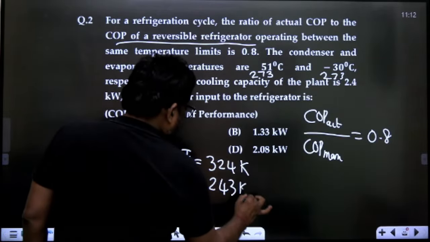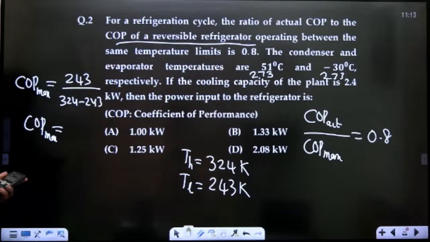Let us calculate the maximum COP, sir. What is the maximum COP? T lower, it is 243, by T higher 324 minus T lower 243. Please tell me what is the maximum COP, anyone in the class? 243 divided by 324 minus 243.